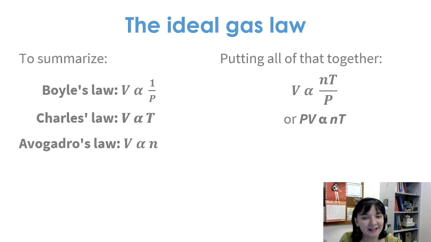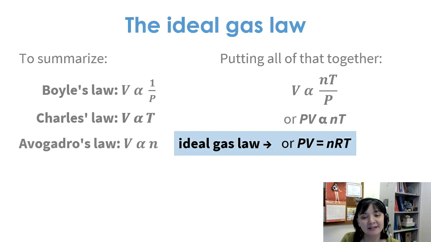The only thing is that it's not always directly a one-to-one relationship. There is some kind of constant that relates these. And so we'll express this relationship as PV equals nRT. We'll discuss R in just a moment, but this formula is referred to as the ideal gas law.